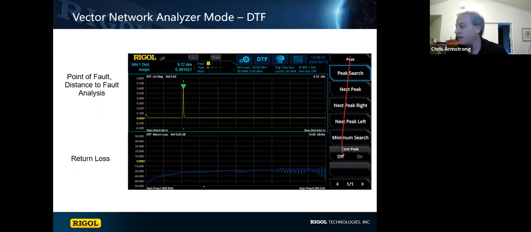Yeah, absolutely. I don't have it on my live instrument here, but you can set it for meters or feet. There's a setting for that. In essence, it's a velocity factor setting. So you can alter the velocity factor, and that tweaks the distance based on the type of cable that you have.